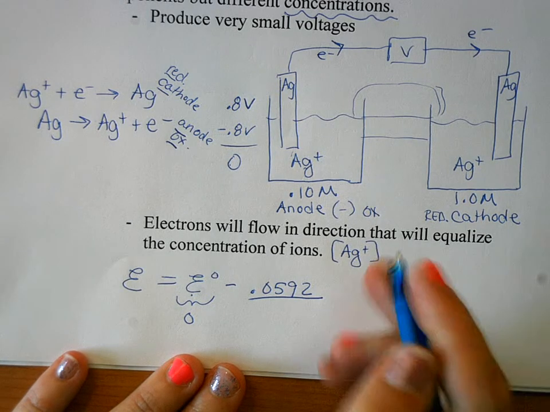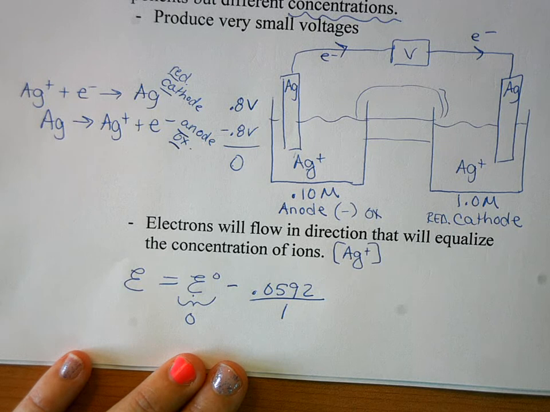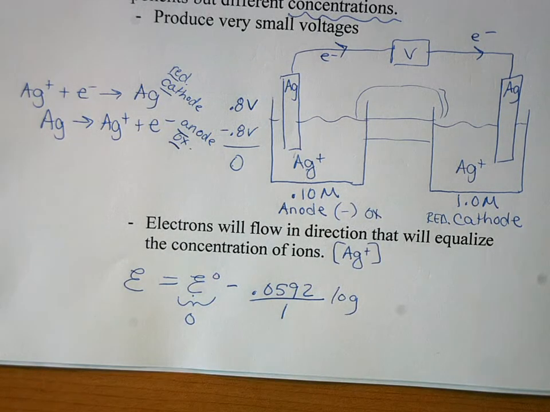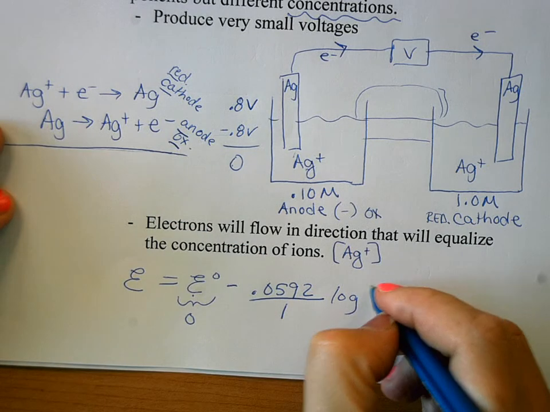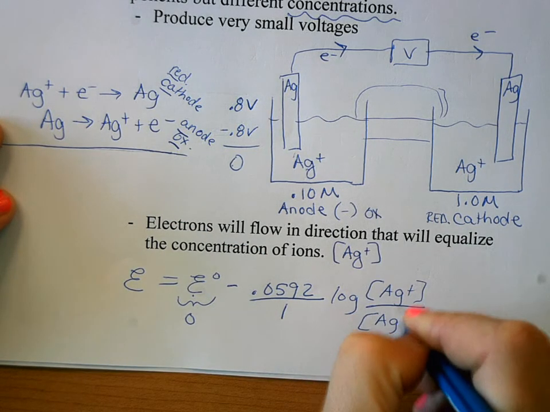In this case, there was one electron that canceled, so that's my n number, times the log of Q, which is products over reactants. If I summed these up, I'd have silver ions over silver ions.